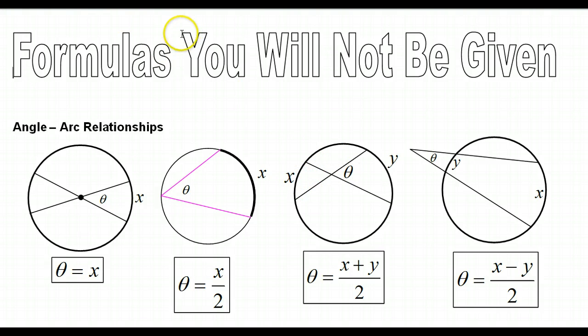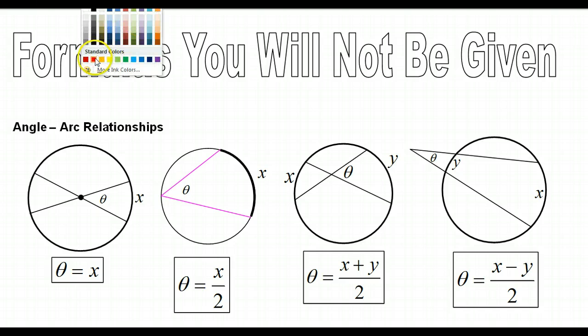So what we find is, in the case where the vertex is inside the circle but not at the center, technically this actually would still work if it were the center. But the situation is basically the angle measure is the average of the two arcs.